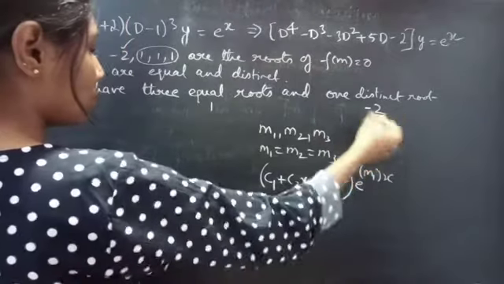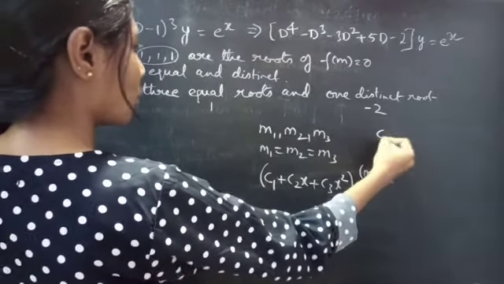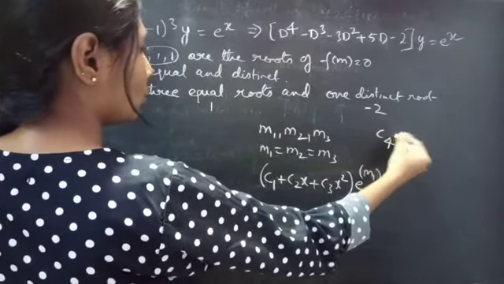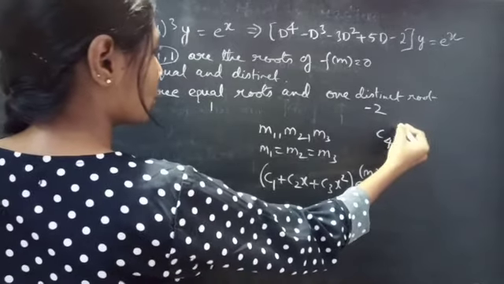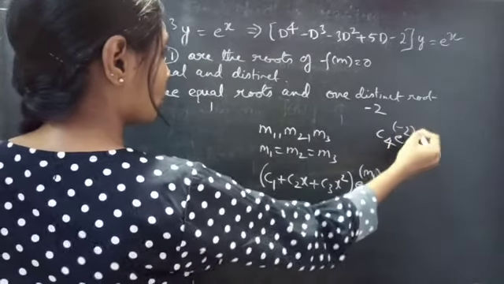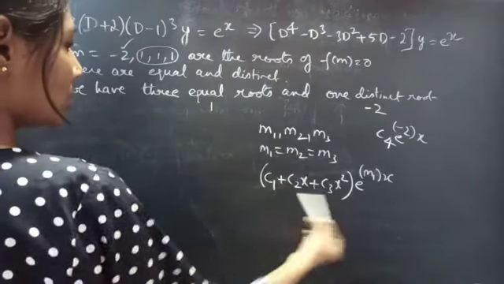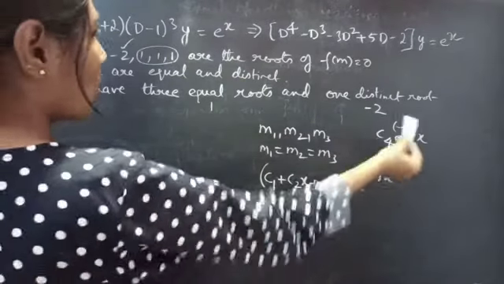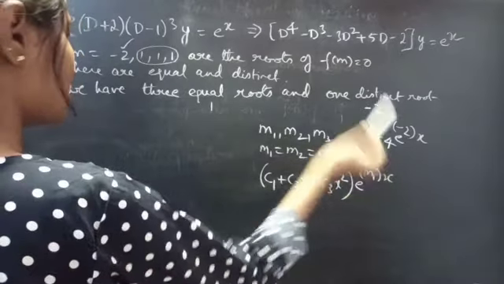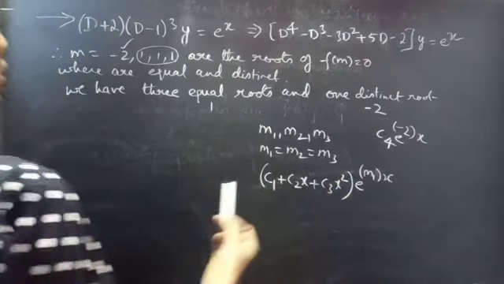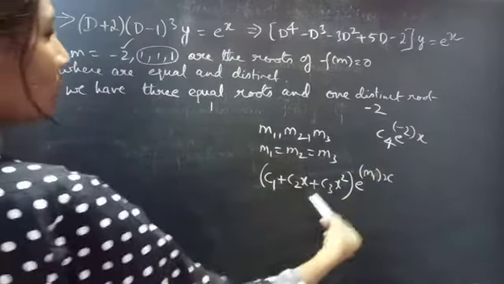If we have a distinct root, then we'll get some constant into e power distinct root into x, right? If you have 3, then this is the complementary function. If you have one distinct root, then this is the solution. What happens if we have 3 equal roots and one distinct root? We have to add these 2.